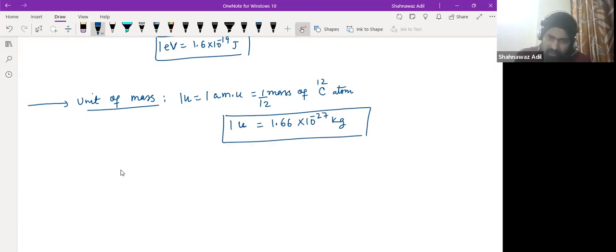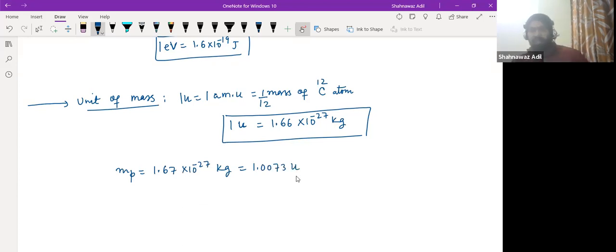So the mass of the proton, how much is that? That is 1.67 × 10^-27 kg. But here we will measure it in U, which is 1.0073 U. This is the mass of the proton that we will take in atomic mass unit.